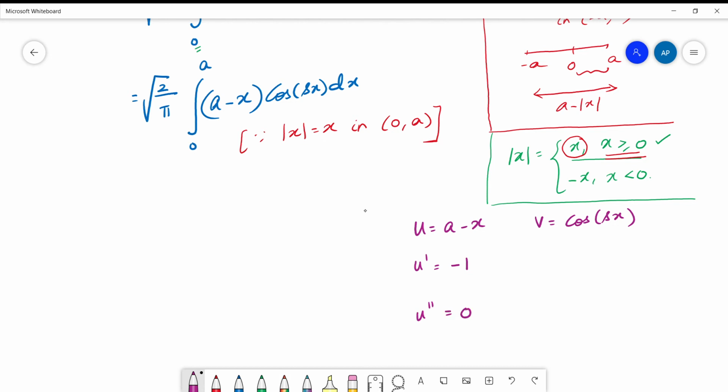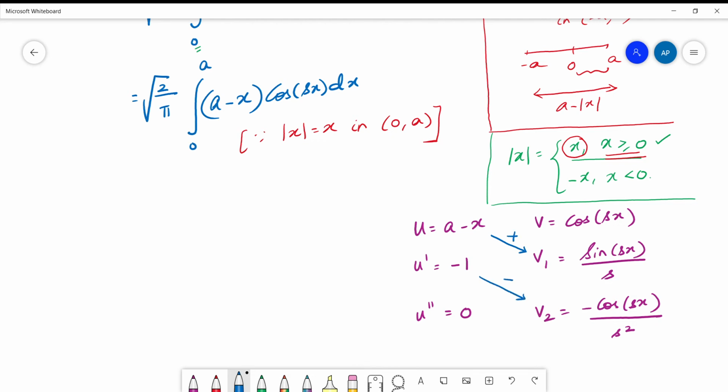Then I integrate v up to the second integral v2, so that v1 is sin sx by s, and v2 is minus cos sx by s into s, which is s square. Now I combine u dash v2 with a minus sign. So the structure is now created, and I have calculated the respective integrals and derivatives. Now I just have to do the compilation.